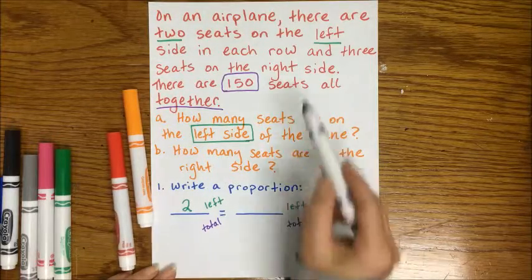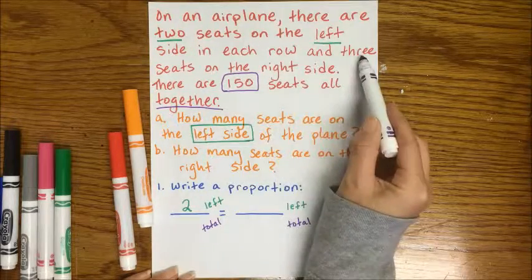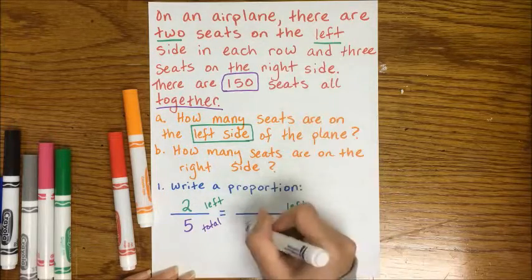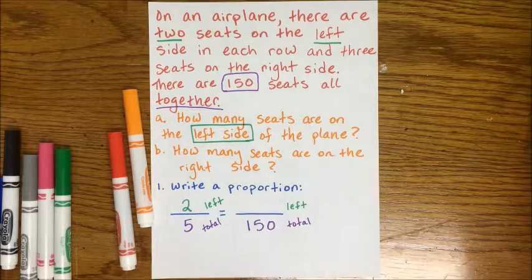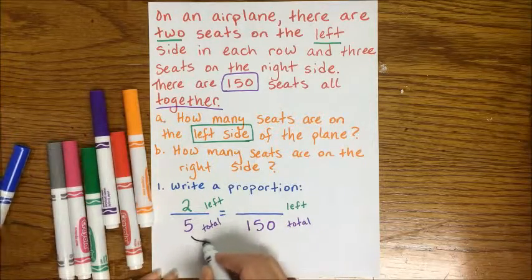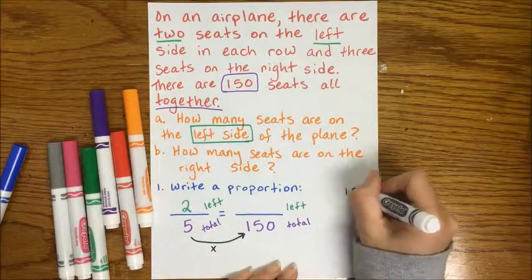If we go back to the beginning, out of the 2 seats on the left, you're going to have 3 on the right, which gives you 5 total. And what we're looking for in our second proportion is 150 seats total. So now we just solve our proportion. 5 times what is going to give us 150?